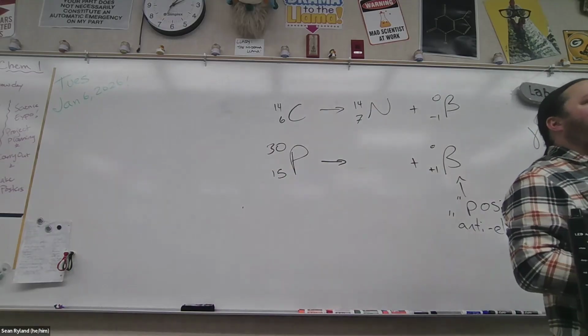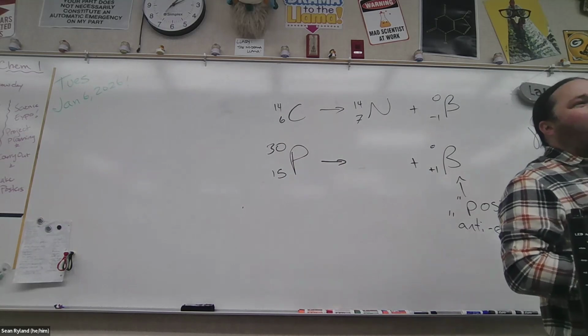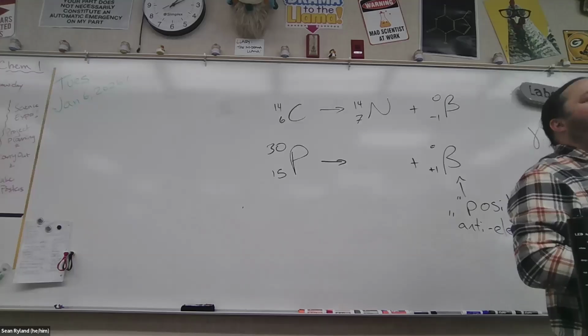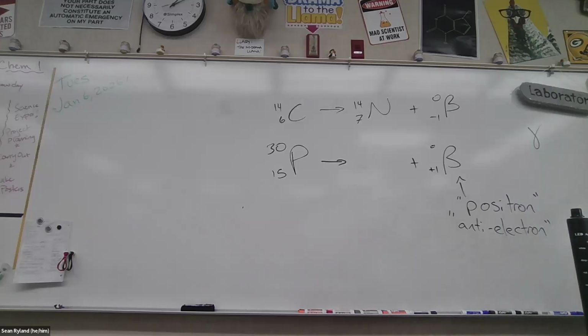Now, there are other processes that can happen. We haven't even touched on fission reactions that lead to a nuclear bomb yet. But basically, if it's not one of these four, I have to tell you what it is because it's kind of hard to predict. So on the test, I'll say something like uranium-238 plus a neutron goes through fission, and these are the products right out of the reaction.